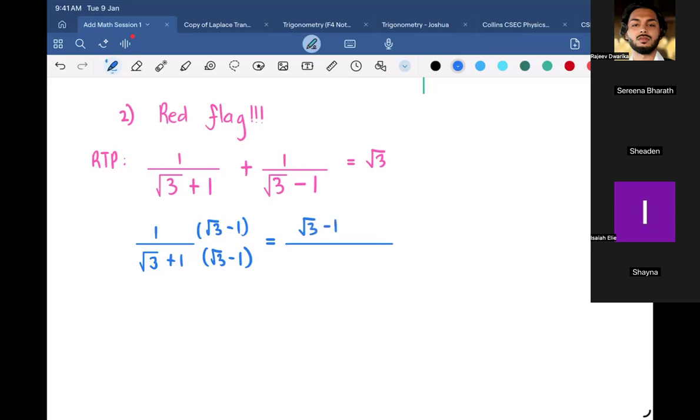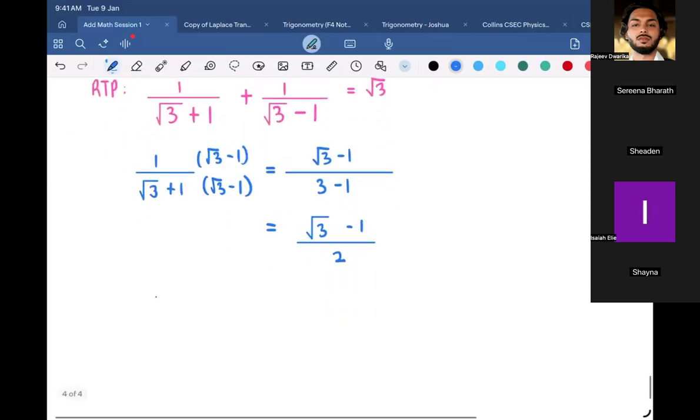And what about the denominator? That'll be 3 minus 1. Right? Because root 3 squared is 3. 1 squared is 1. So 3 minus 1. So you end up with root 3 minus 1 over 2. Nice. And then for the other one, you do the same, just opposite signs.